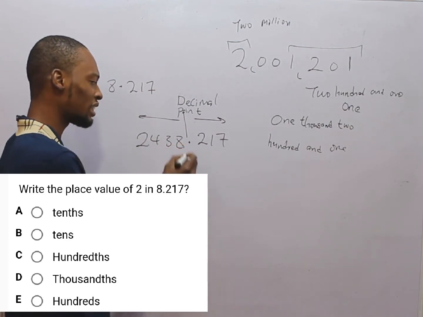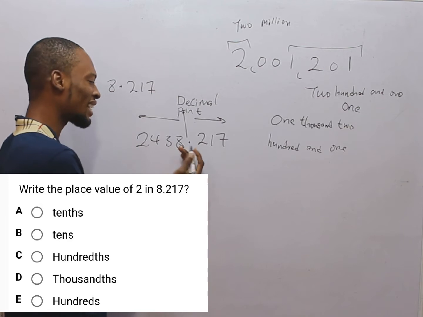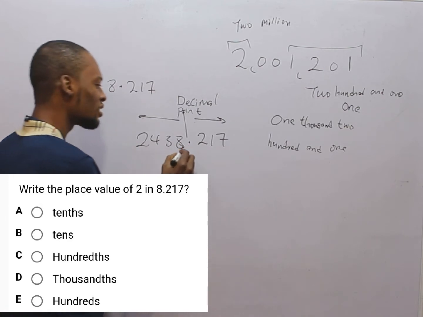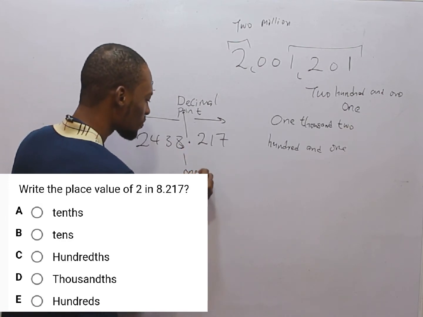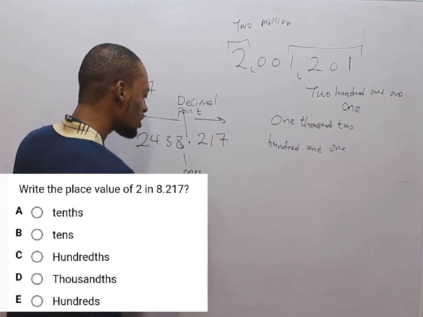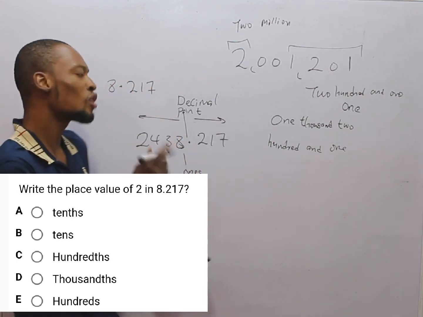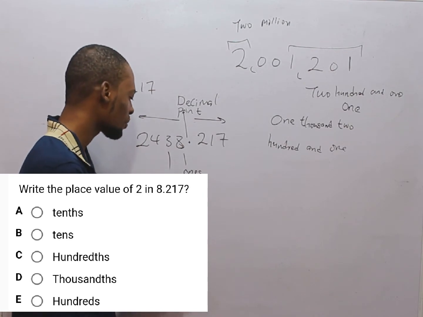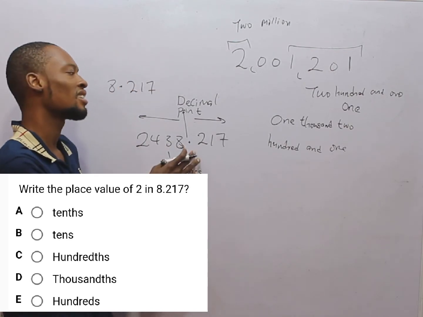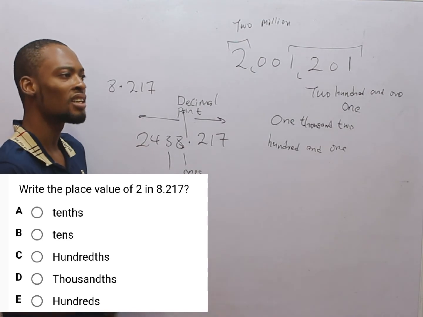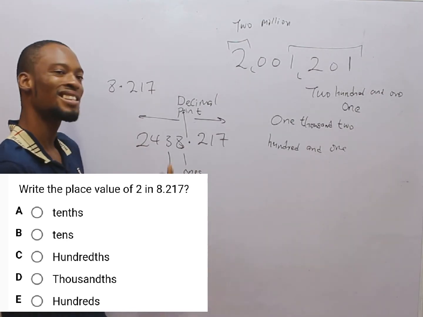Now, moving to your left, the first number you encounter towards the whole number is ones, or you can say units. After ones, the next number, the place value is tens. This is 38. Anytime you see 2 numbers together, the place value of the first one is tens.